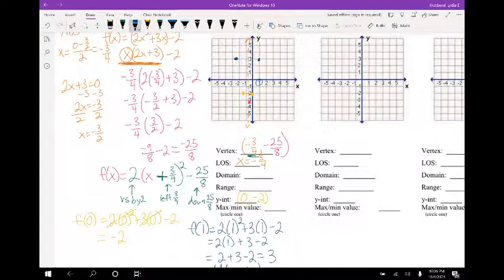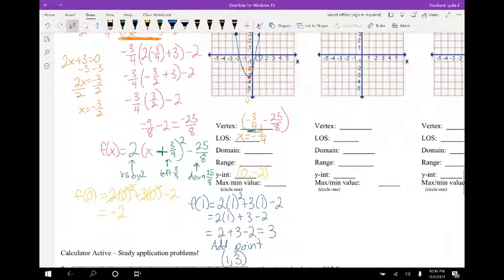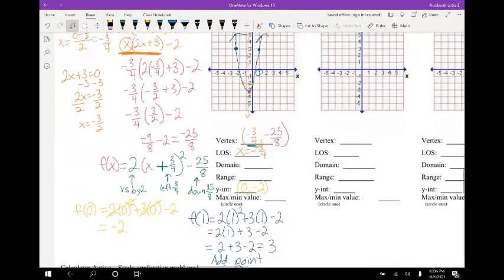Okay. And then I can connect all those points and get a graph. So not the most fun graph, but once you can get that intercept, which is probably the most difficult portion, the rest comes pretty simple as long as you're kind of plugging in values around that intercept.